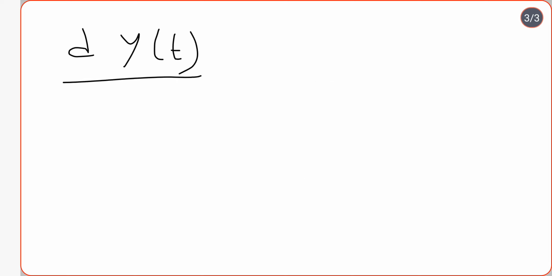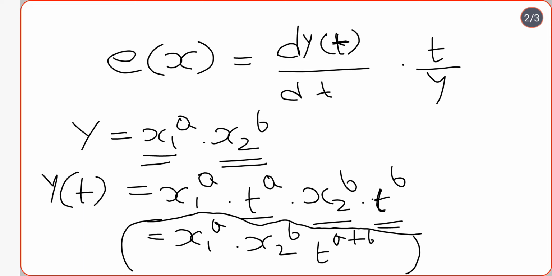So we have to differentiate this y of t with respect to t. What will we get when we try to differentiate this with respect to t? This part will not have any derivative, this part will be separated because it doesn't have the term t in it.